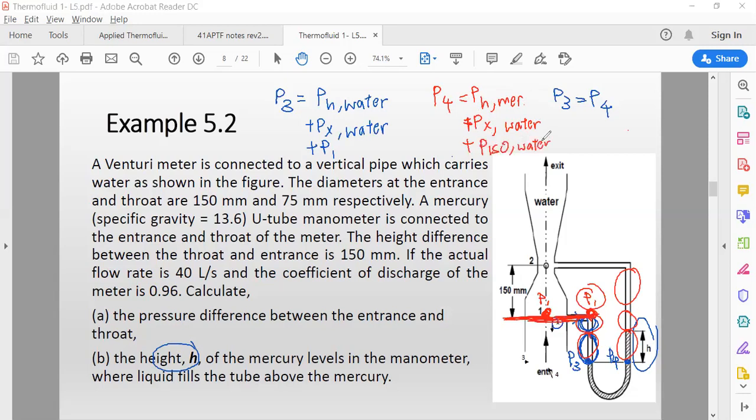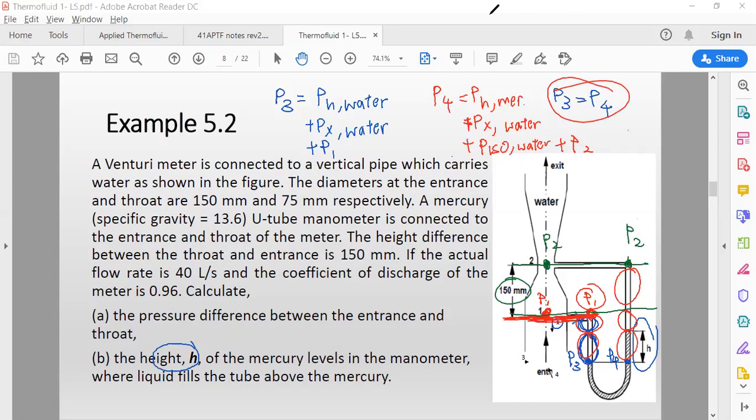How do I know this is 150? Because from here to here is 150. And lastly, if this is P2, this must also be P2. So plus P2. So P4 has 4 terms. Once we have my P3 and P4, I can equate them.